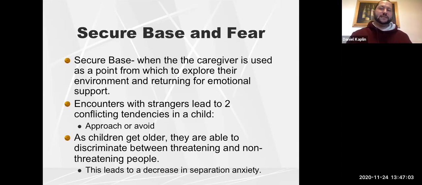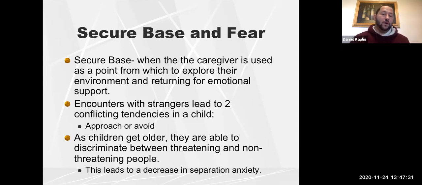But when that secure base is removed, it increases the risk of fear and anxiety. So when you have this challenge, right? So you encounter a stranger, you have two conflicting tendencies: fight or flight, or in the context of this lesson, to approach them or to avoid them.